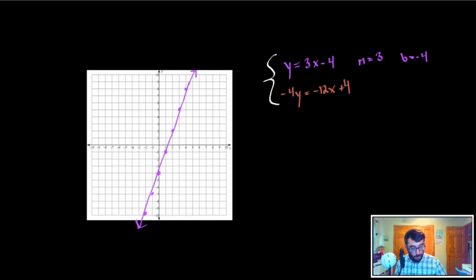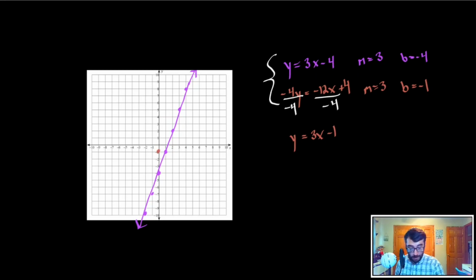Now the other one we have to get in slope-intercept form. So I'm going to divide each side by -4. So what that equation is going to become is y is equal to 3x minus 1. So this has a slope of 3 and a y-intercept of -1. So I'm going to go ahead and plot that.